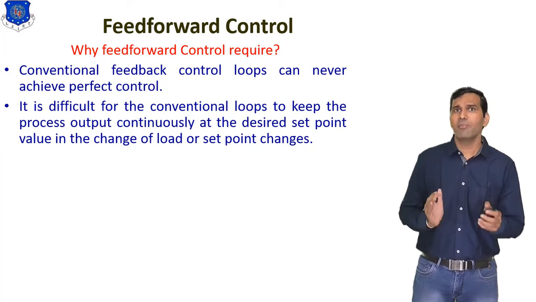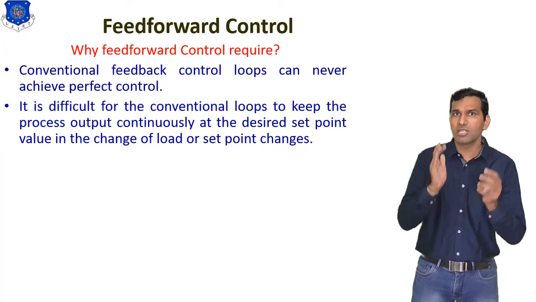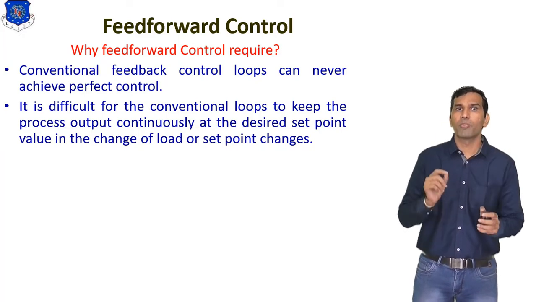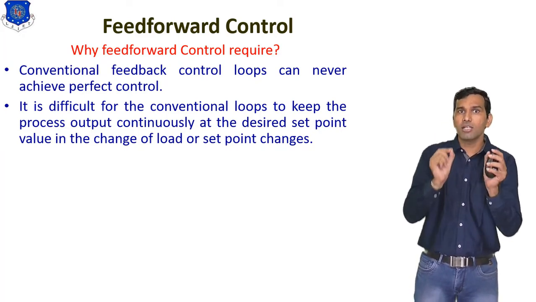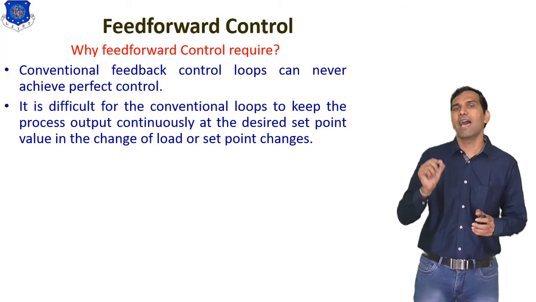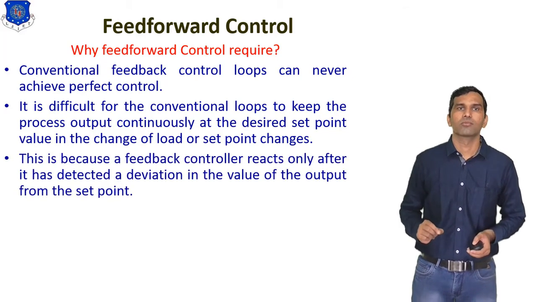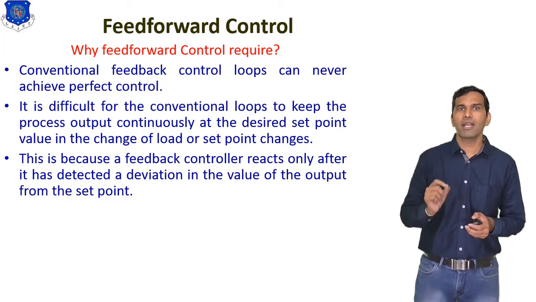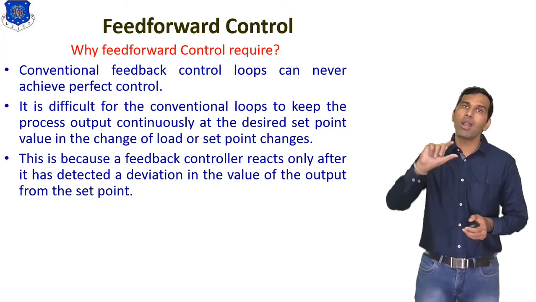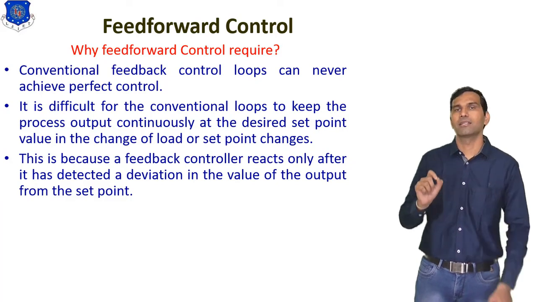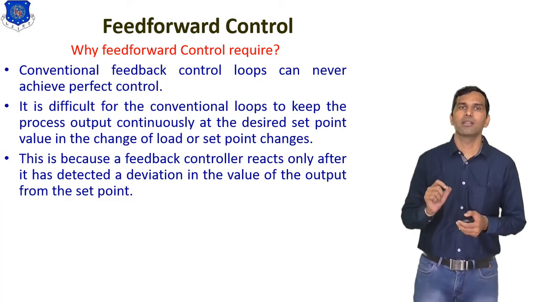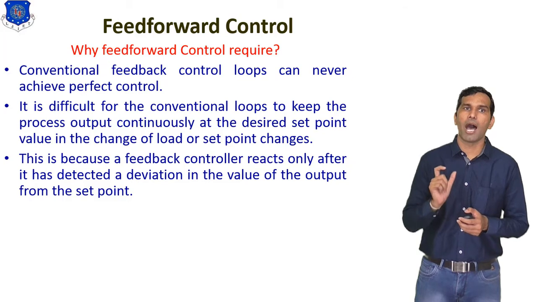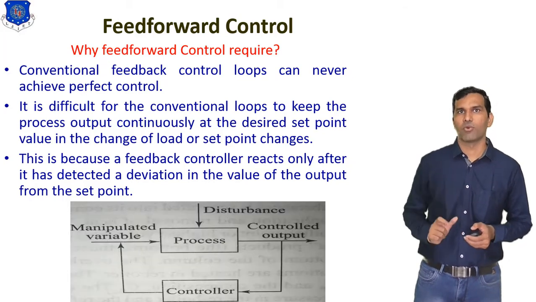It is very difficult for the feedback control system to keep the process output continuously at the desired set point value. This is because a feedback controller reacts only after it has detected a deviation in the value of the output from the set point.